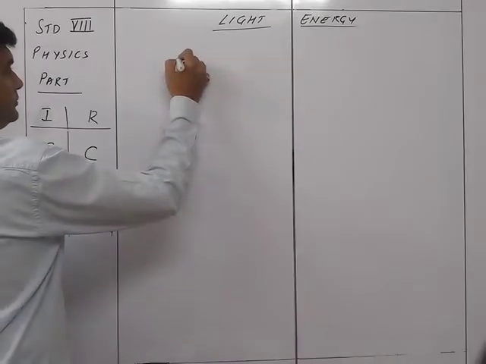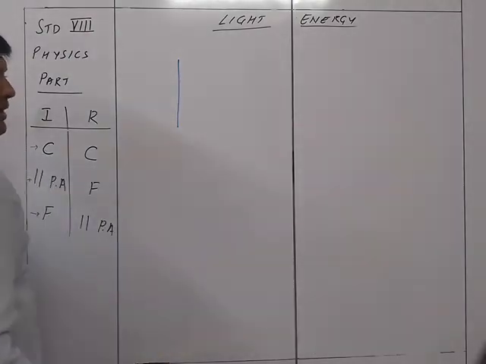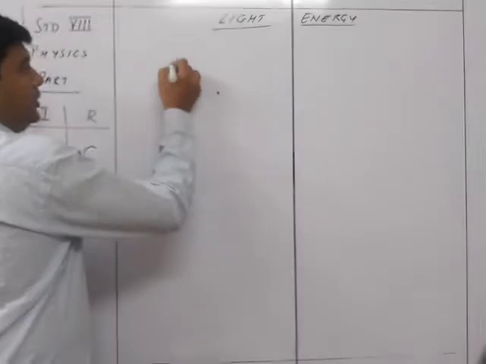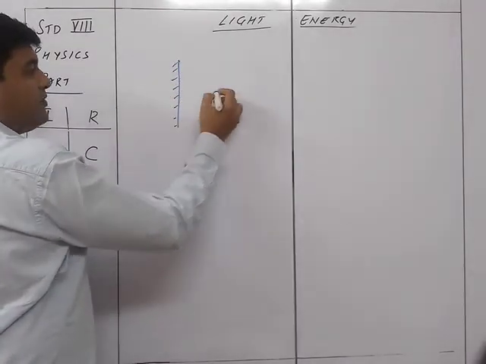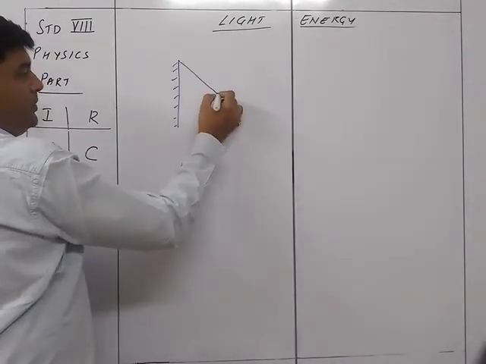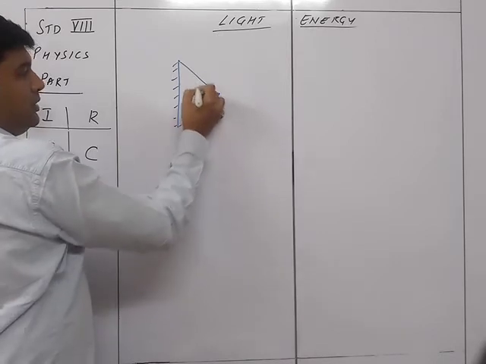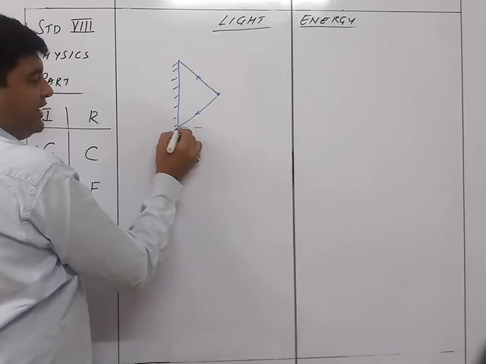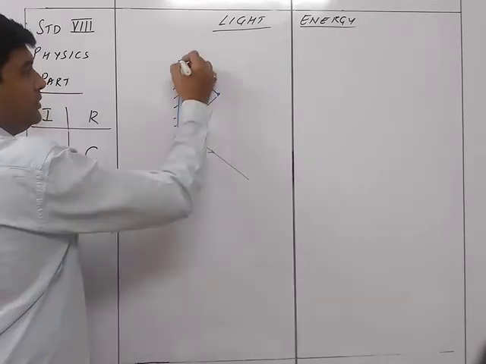So what we are exactly trying to do is that if I take a plane mirror, now this is a driver, you know very well, the driver can see from here to here. So accordingly, according to the law of reflection, he can see something from here to here.